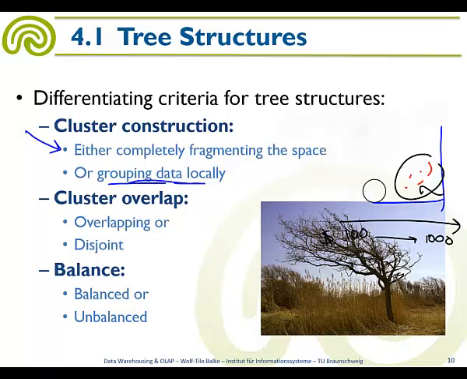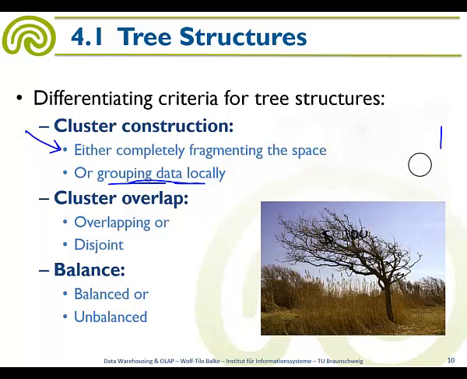Another thing to keep in mind is, you're going to create clusters. Do you want them overlapping or do you want them disjoint? And we're going to see that overlapping might not be very good for us, because what overlapping means is that you will have some point within two clusters. And when you have built a tree that is mapping to this data space, this means that this object will be in two places in the tree.